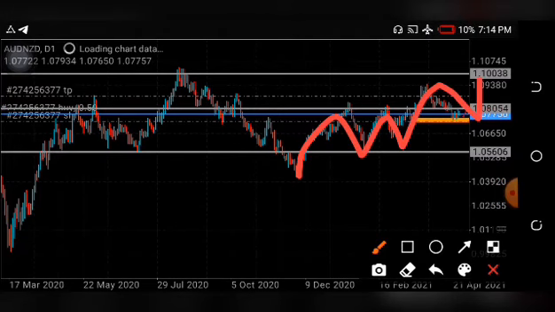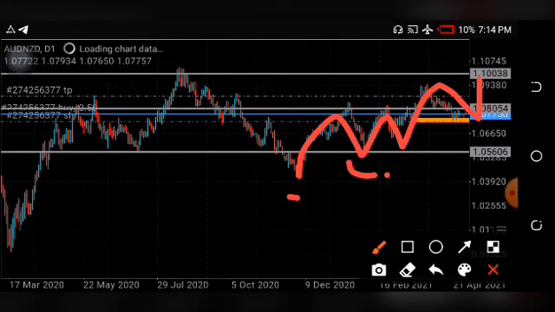So higher low, higher highs, higher lows. For downtrend, higher low, lower low. So this is it. It's not about knowing the higher high or the name, but knowing how they work. It's not about knowing the name.